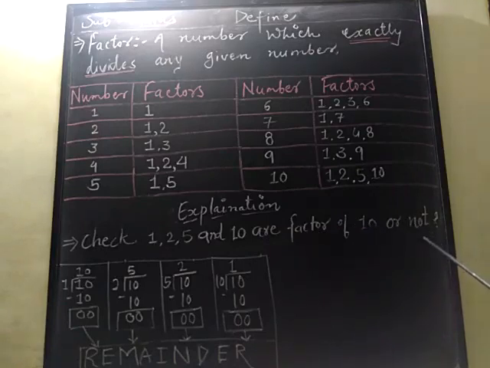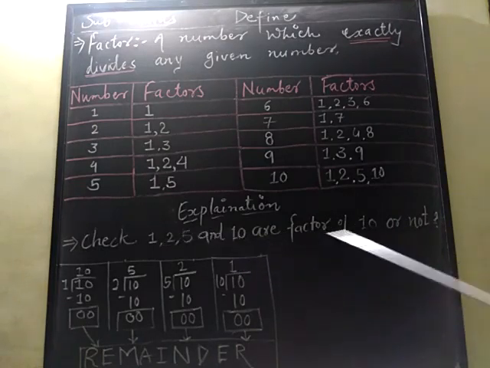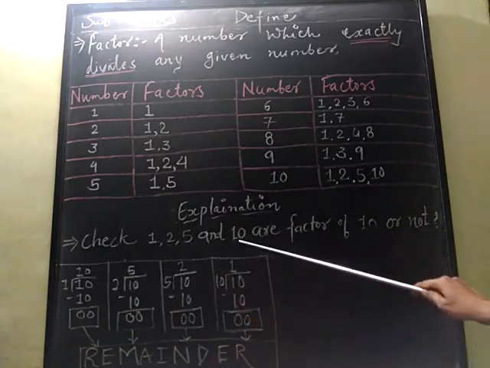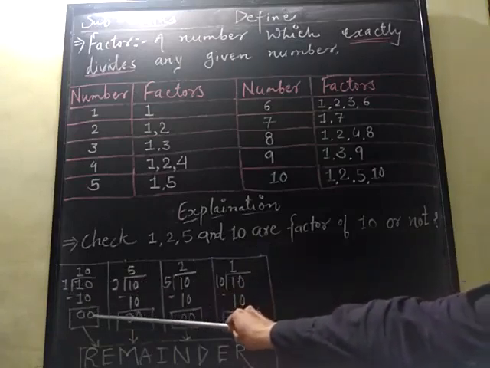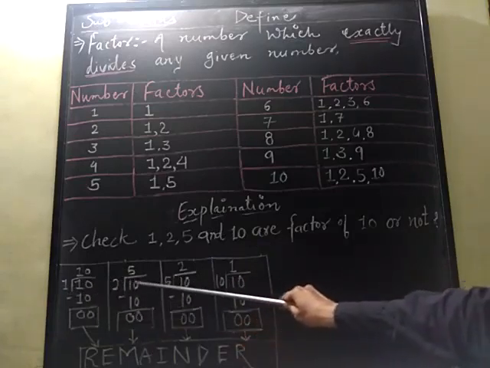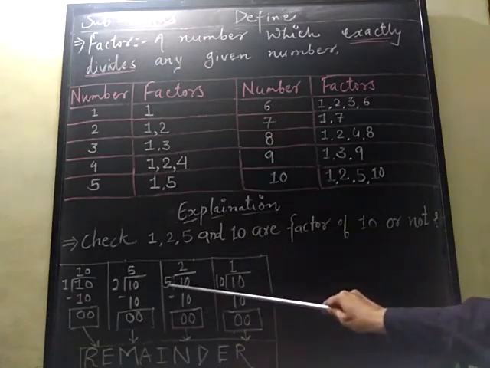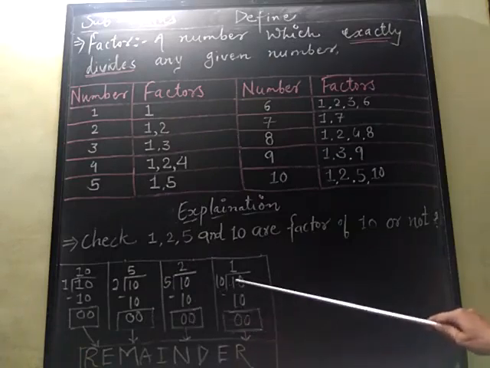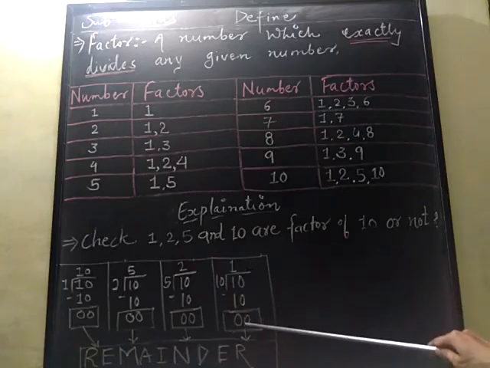So how can we check it? Here you can see I divide by these particular numbers. I divide 10 by 1, I check, and I got remainder 0. In the same way 10 divided by 2, I got remainder 0. 10 divided by 5, 5 twos are 10, I got remainder 0. 10 divided by 10, 10 ones are 10, I got remainder 0.